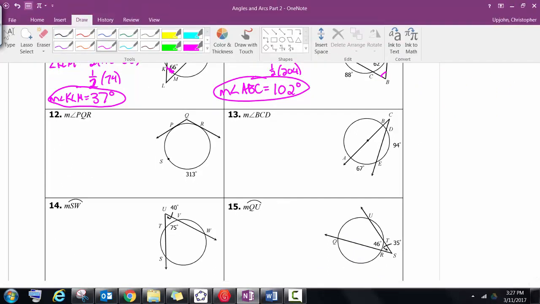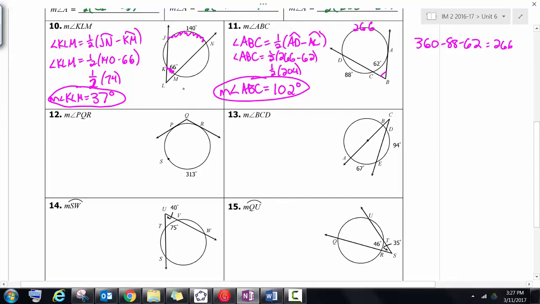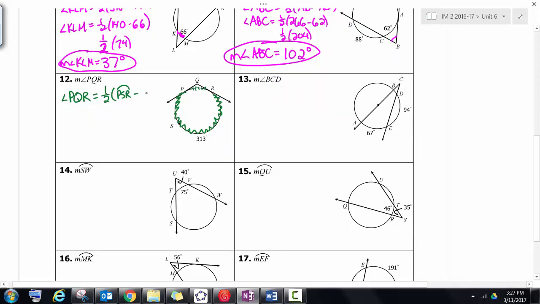Alright, now we have a tangent-tangent angle. So same thing, we still want to look at the difference. Here is one arc, and the other arc is here. They make up the whole circle. So we know that angle PQR is 1/2 of arc PSR minus arc PR.